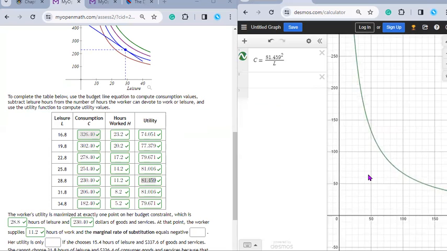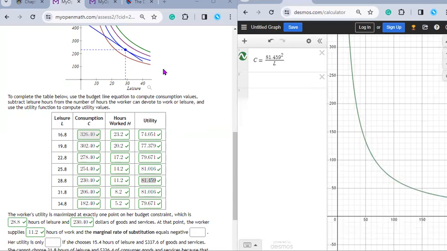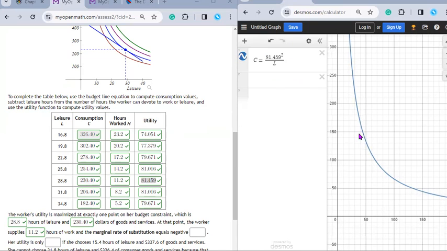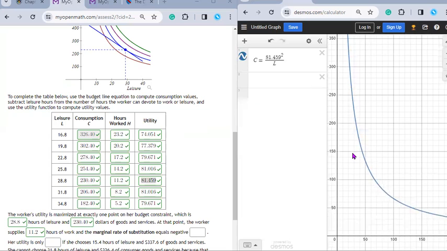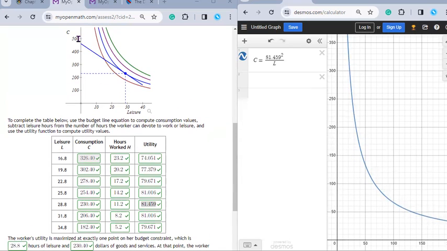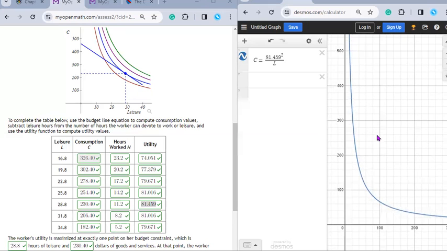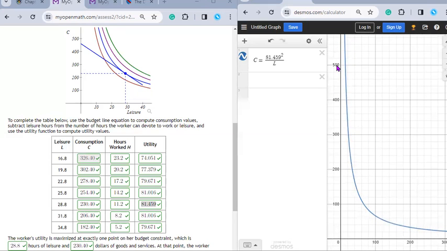I'll change the indifference curve to blue in Desmos, and I do that by clicking on the gear. My y-axis goes to 500, so I'm going to rotate this until I get to 500 here. So my c-axis, or y-axis, goes from 500 to 0.